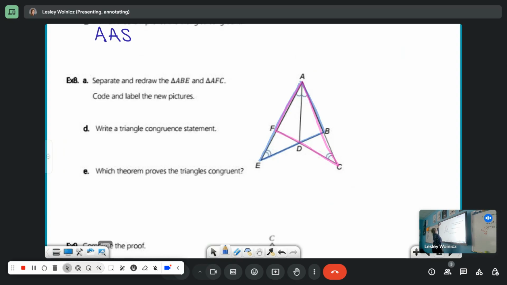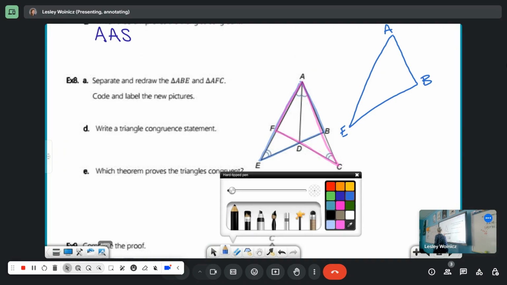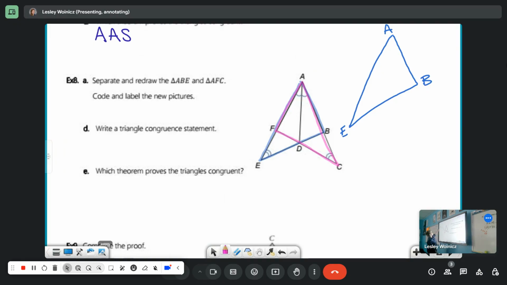Okay, so let's redraw our triangles. Just do the best you can. Ooh, that was bad. It's kind of good brain exercise. Okay. Oh, big fail.